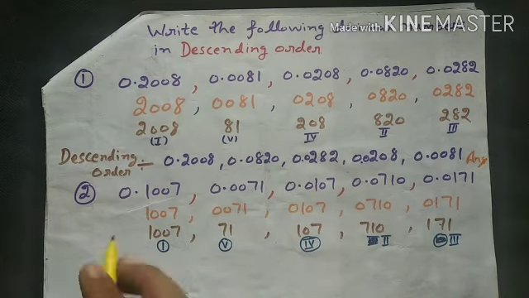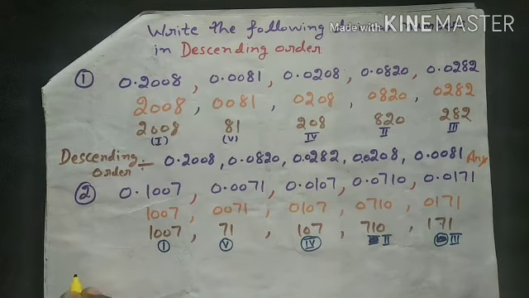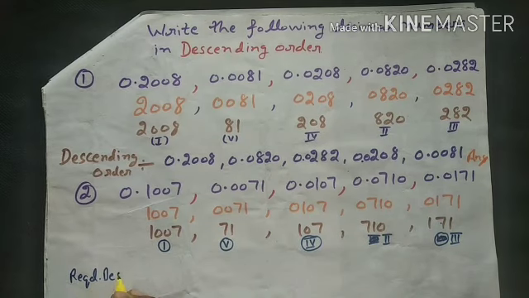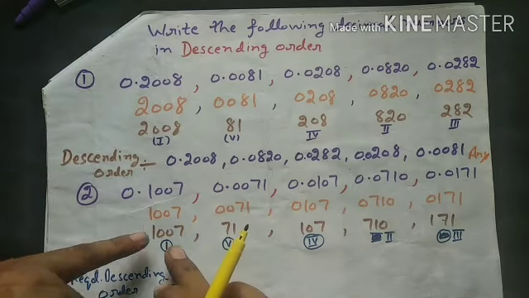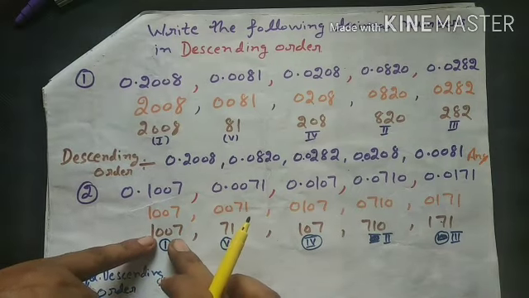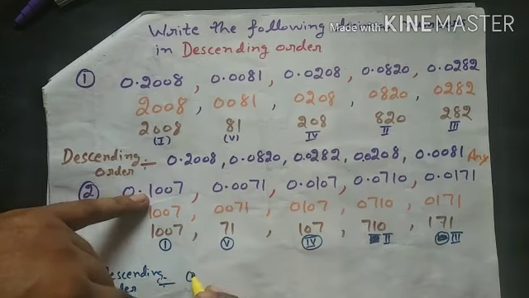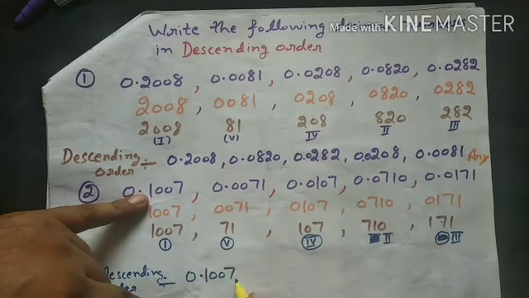The required descending order. So which one is the first number? That is 1007, but actually it was given in the form 1.1007.